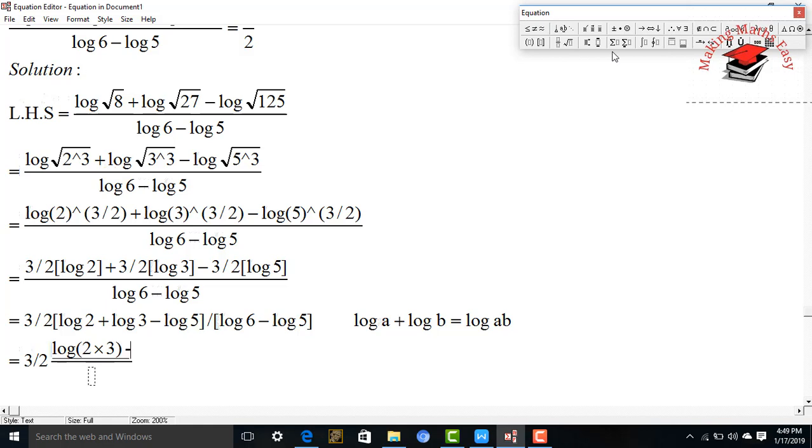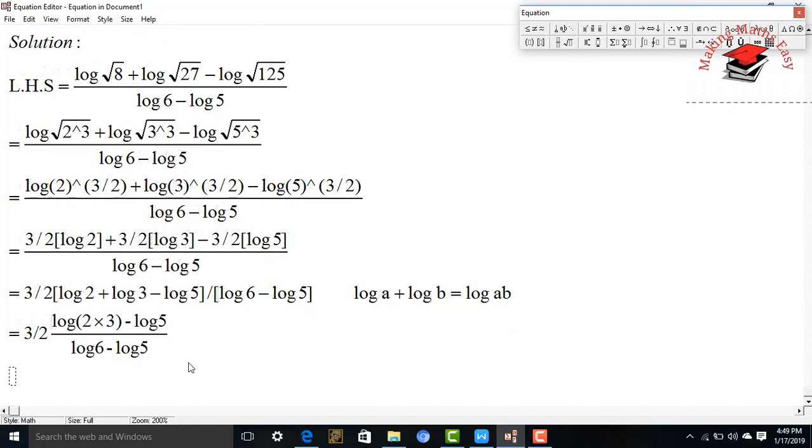minus log of 5, which is divided by log of 6 minus log of 5. Now we are near to the answer, or we are near to the RHS. So log of 2 into 3 gives me log of 6.